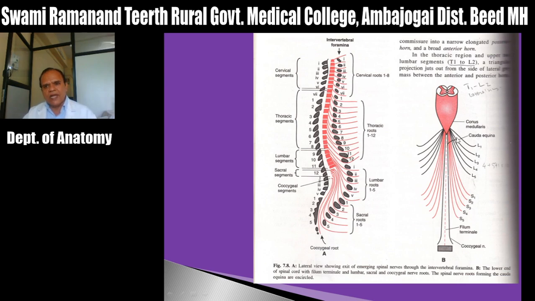When you see the rootlets, one spinal nerve has an anterior and a posterior root, isn't it? Anterior root and posterior root.